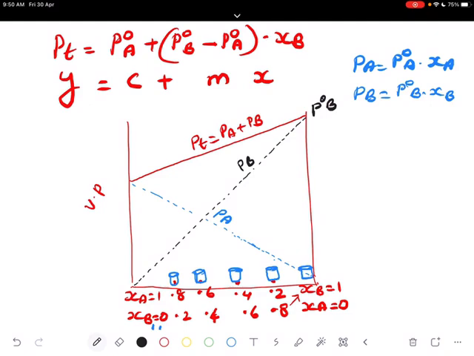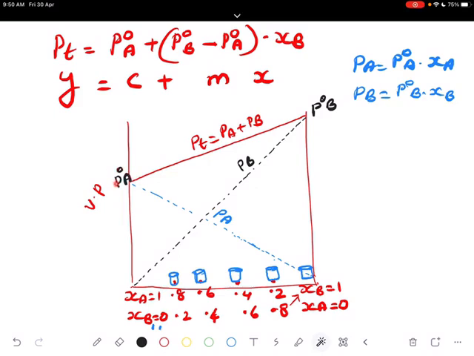And here this is P naught A. So here it is P naught A, there it is P naught B. P naught A is higher here, P naught B is higher here. For the black line, the highest is P naught B, and for the blue line the highest is P naught A, that is a pure component.